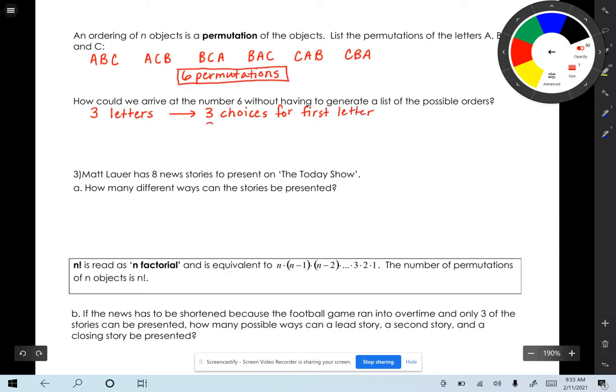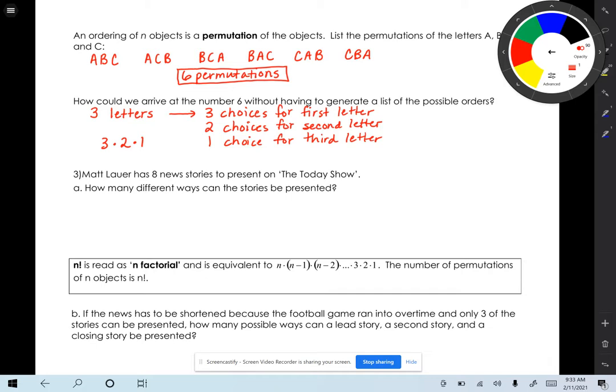Then you only have 2 choices for the second letter. And lastly, 1 choice for the third letter. So that's 3 times 2 times 1.